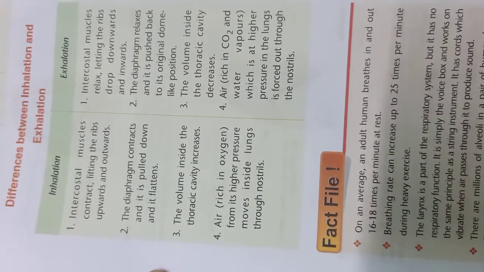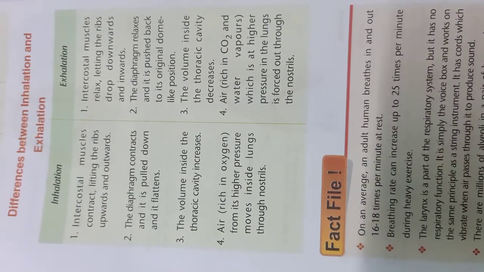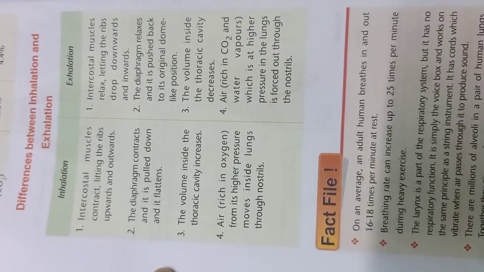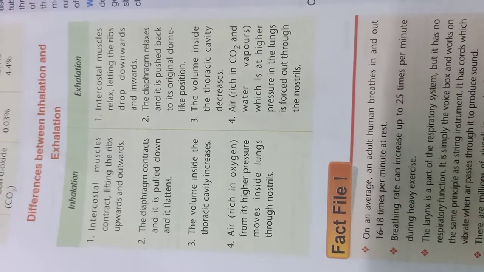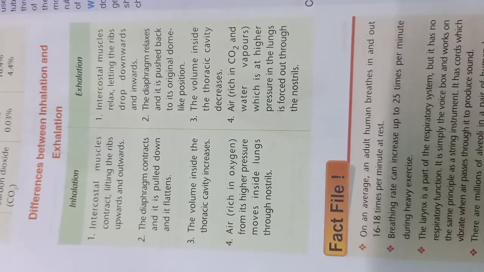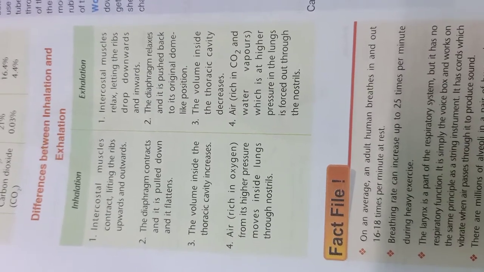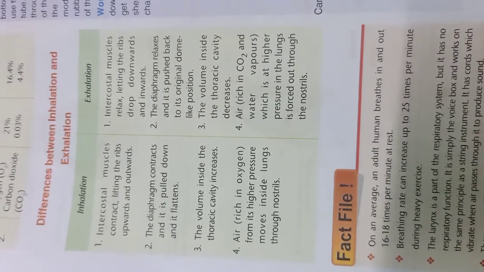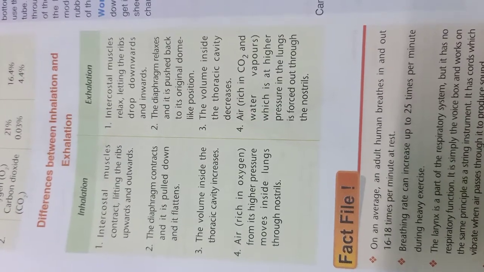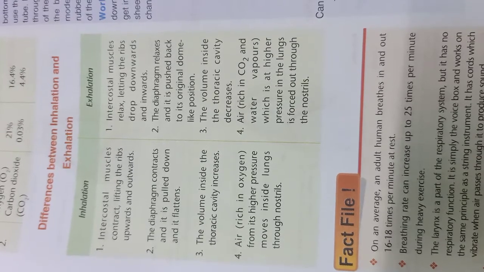Now we see the third point of inhalation. The volume inside the thoracic cavity increases during the inhalation process. In exhalation, the volume inside the thoracic cavity decreases. Then air, which is rich in oxygen, moves from higher pressure inside the lungs through the nostrils.